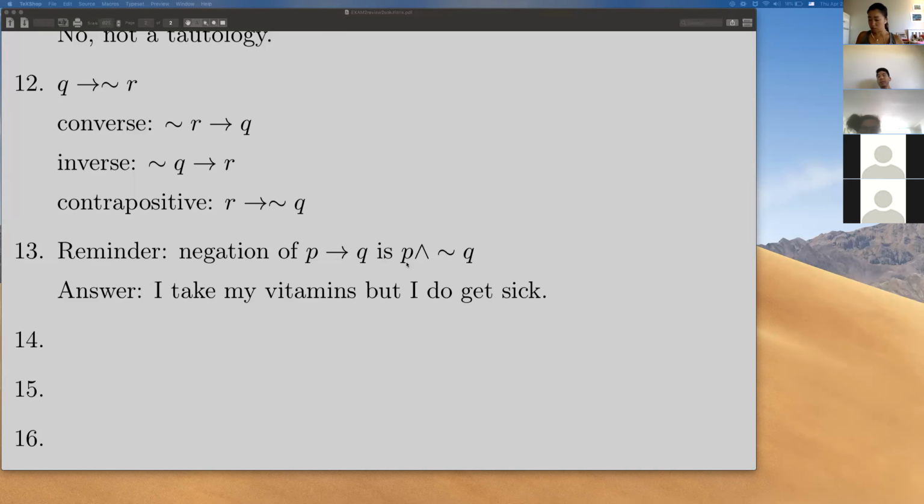So am I still right or wrong? What did you write as your final answer? This should be your final answer, this English sentence: I take my vitamins and I do get sick. That's the answer. You might have written out the symbolic version of it, but you have to convert it to English afterwards.